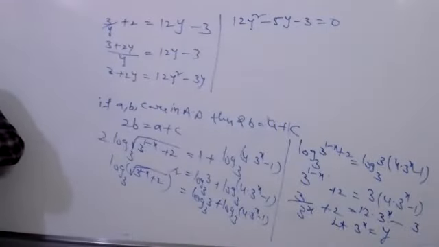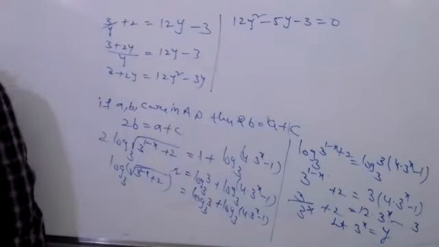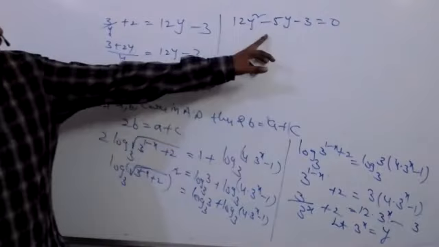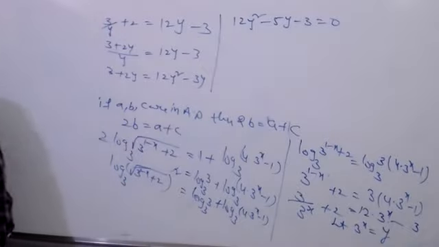Yes, sir. Then factors: 12 3s are 36, middle term is 5. Sir, I used minus b plus or minus root b square minus 4ac by 2a. Minus 5y, yeah? Sir, when I did it, I'm getting minus 1 by 2 or 22 by 24.